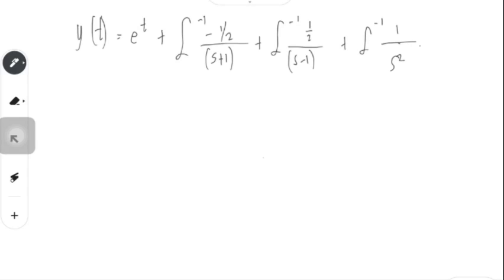Tingnan natin para baka mas simplify pa. One half is a common factor. Pagka pinactor out natin, ito yung magiging negative 1 all over S plus 1. Then you have here 1 all over S minus 1.